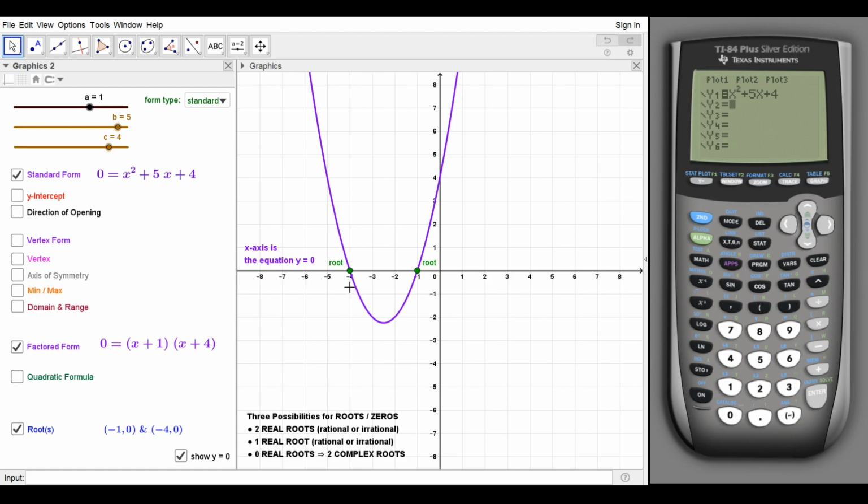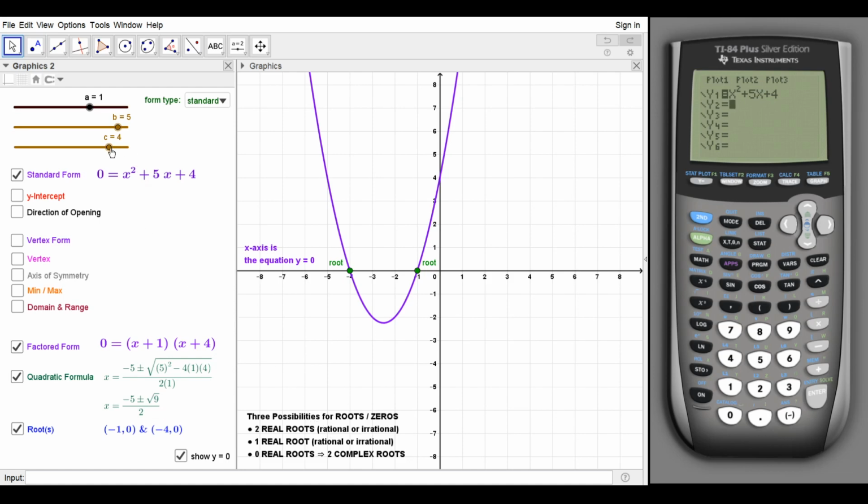Now, in this particular instance, the roots happen to be rational because they fall on exactly integers, -4 and -1. In a future video, I'm going to show you the quadratic formula, and you can tell right here that this discriminant, and this terminology will come up later, is 9. So when I take the square root of 9, it becomes a nice rational number of 3. That's how I know it's going to be rational.